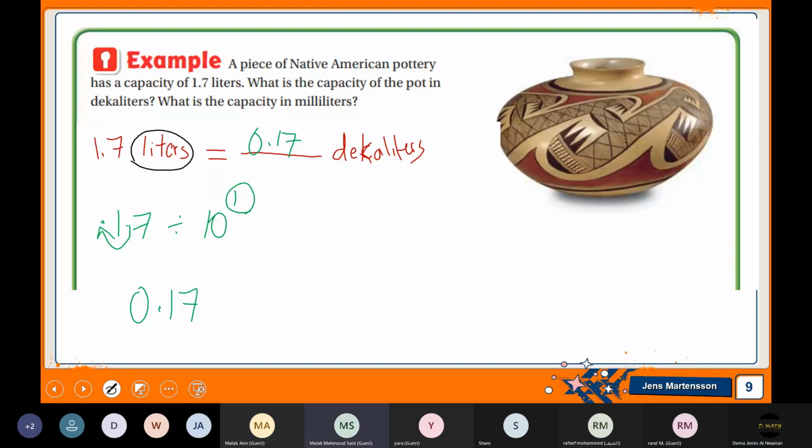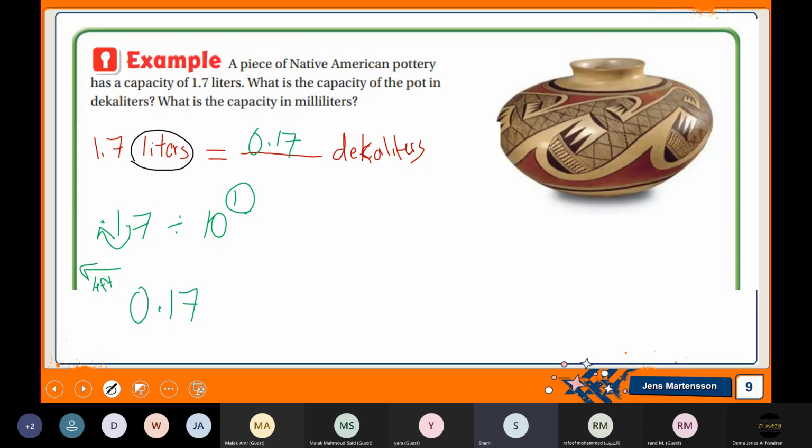Is it clear? Teacher, at the last lesson you said that divide, we move to left, and multiply, we move to right. Yes. Here we divide. We have to move to the left. You said like MRDL, divide left, multiply right.